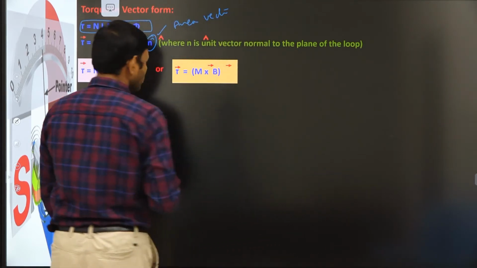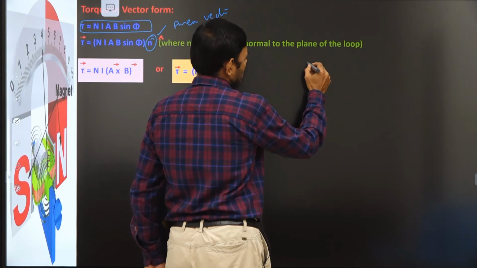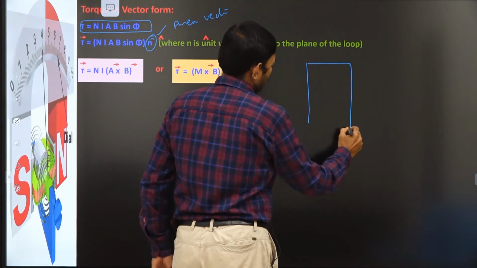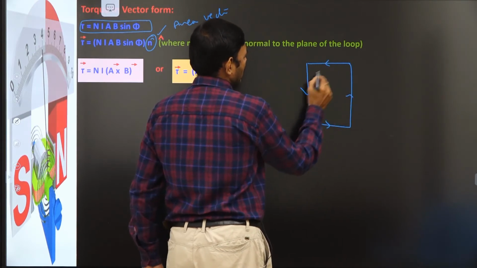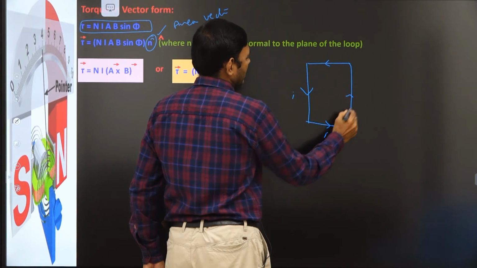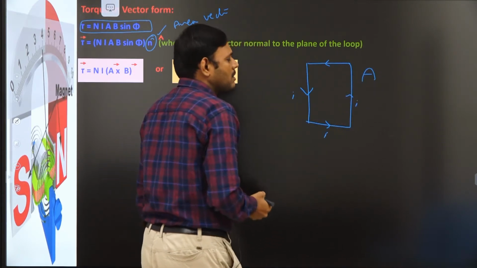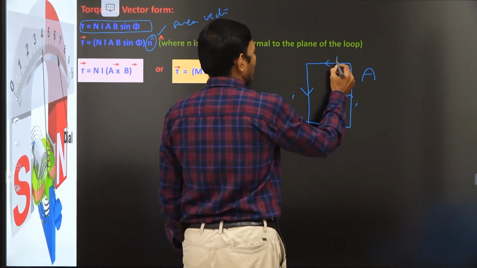Students, here is a current carrying coil, which may be a rectangular or a circular shape. I is the current passing through the coil as shown in the diagram. A is its area of cross section, placed in a uniform magnetic field, having N number of turns.